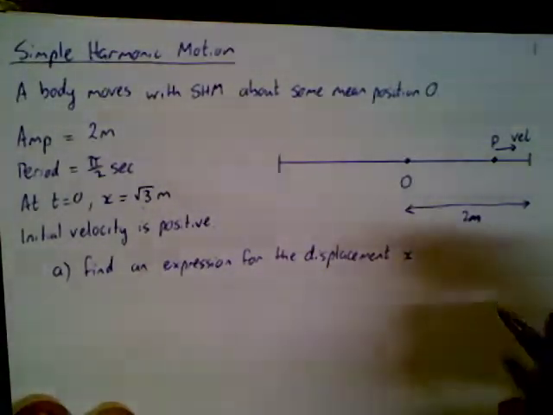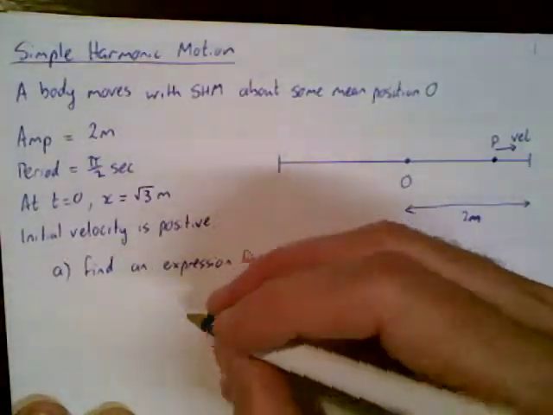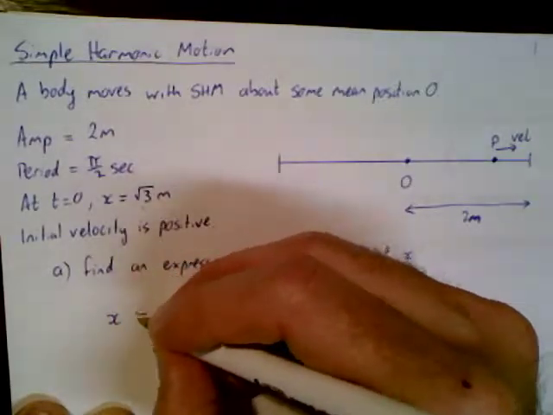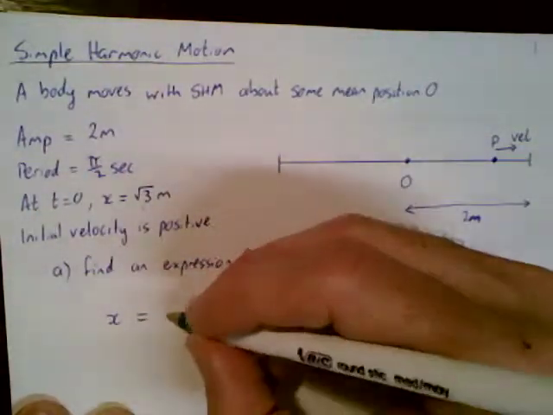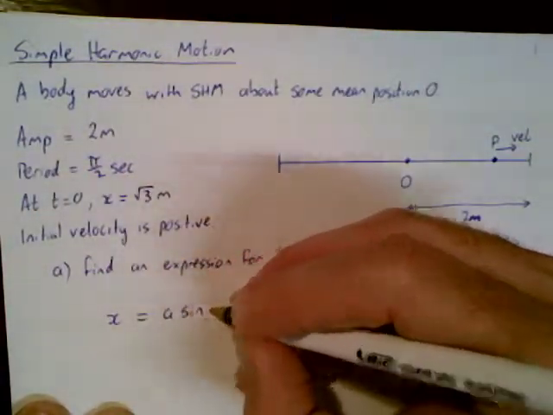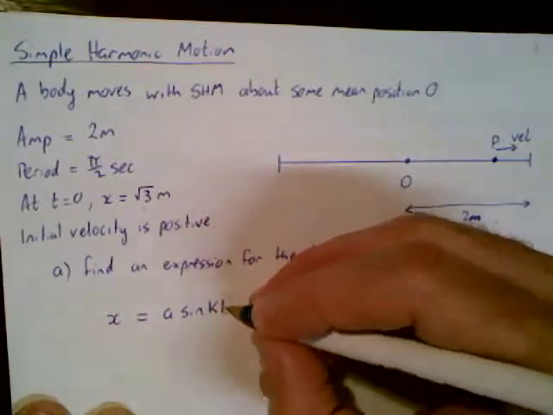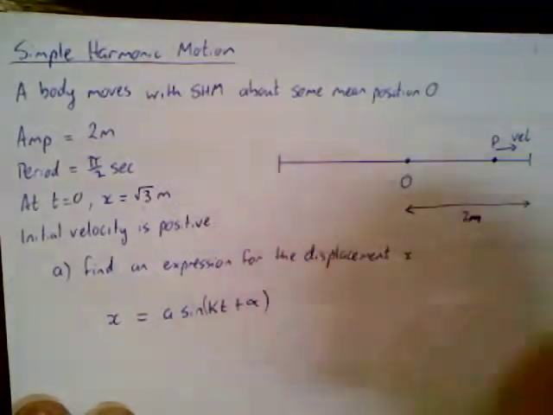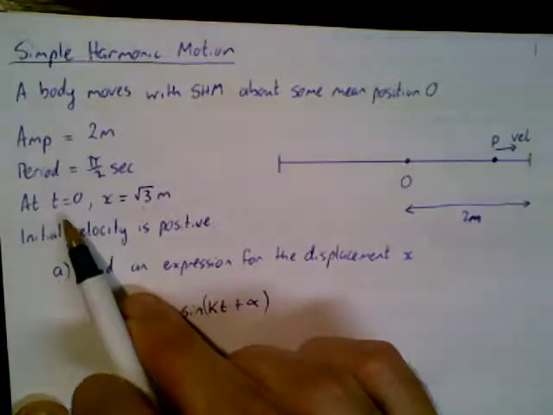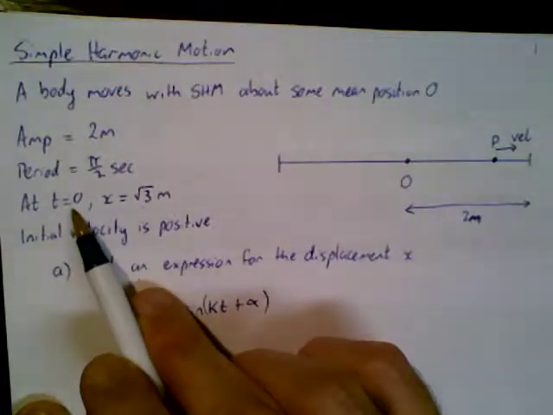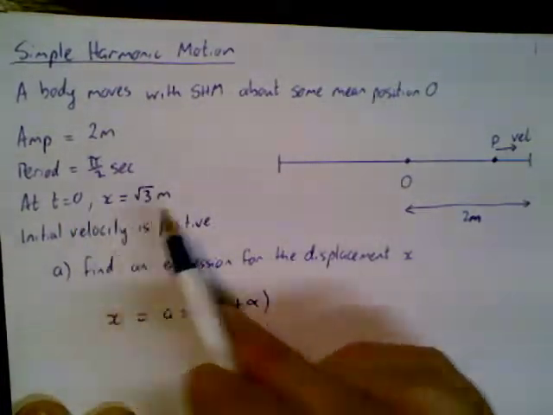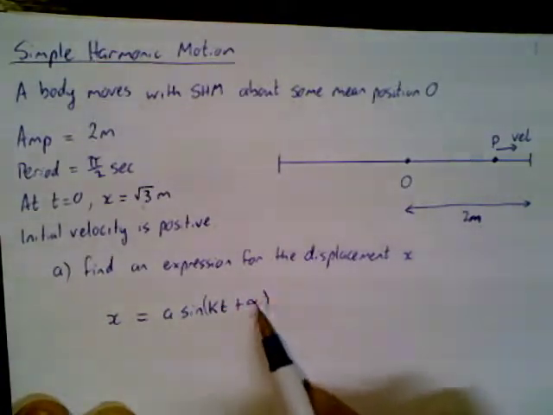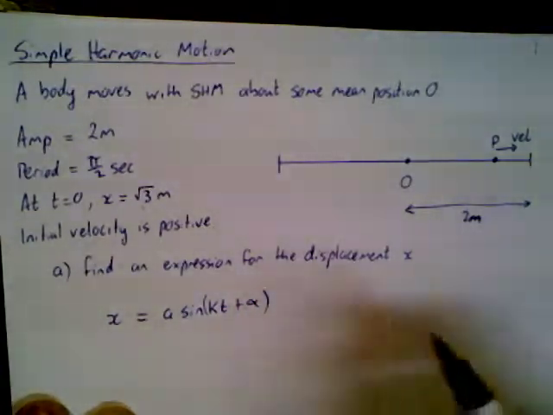Now, because it's simple harmonic motion, we know that it's going to be of this form here: x is equal to a sine(kt plus alpha). Now, if the initial position of the particle at t equals 0 was 0, we wouldn't have to worry about this alpha value. Alpha is kind of like a phase shift.